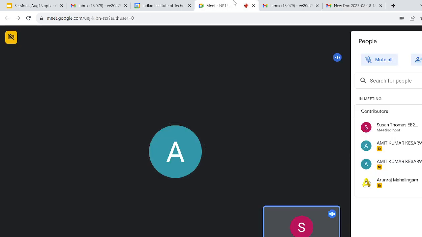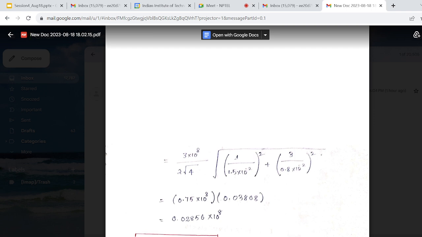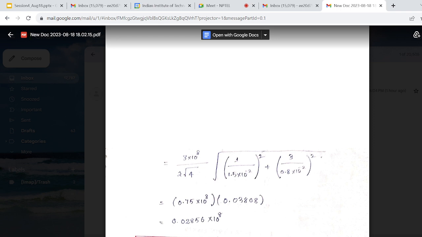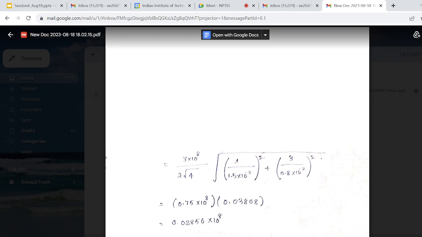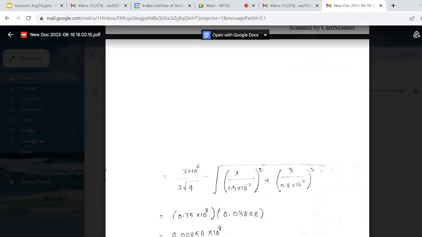Arun Raj, are you there? Yes, ma'am. I was going through that question which you have sent. So your answer is correct, right? One more person also told me that day 0.28 gigahertz.